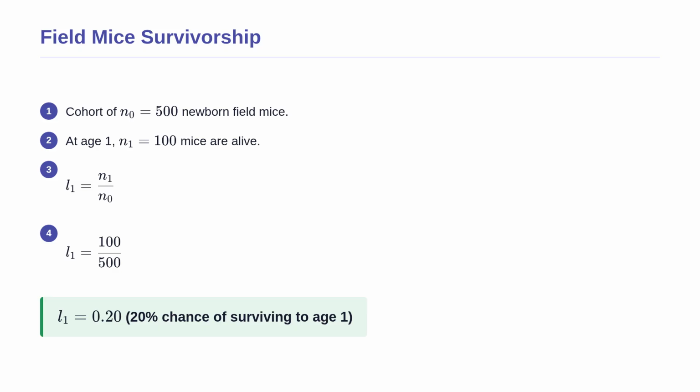We use our formula, dividing n1 by n0. Plugging in the numbers, we divide 100 by 500, which gives us 0.20. Physically, this means a newborn field mouse has only a 20% chance of surviving to its first birthday, highlighting how difficult the first year of life is in the wild.